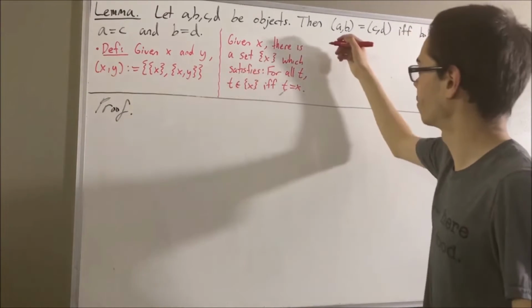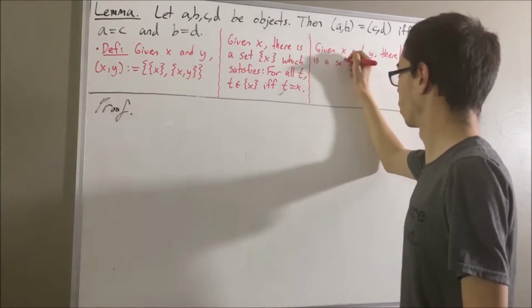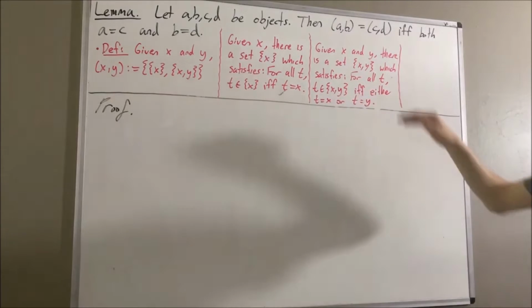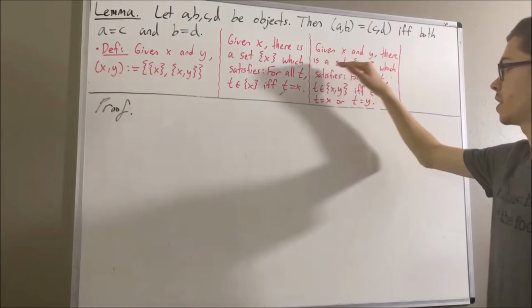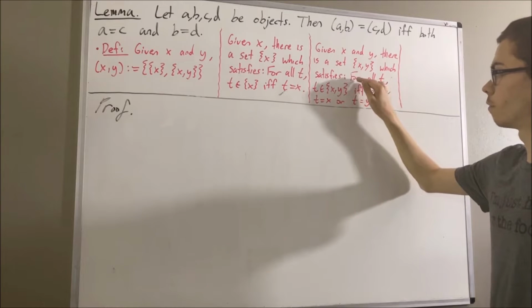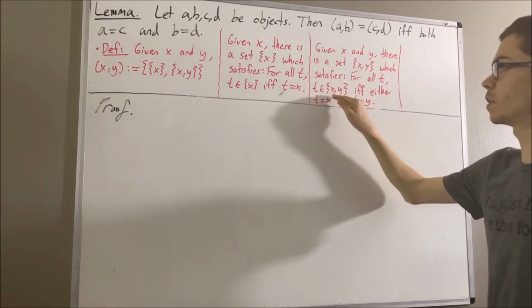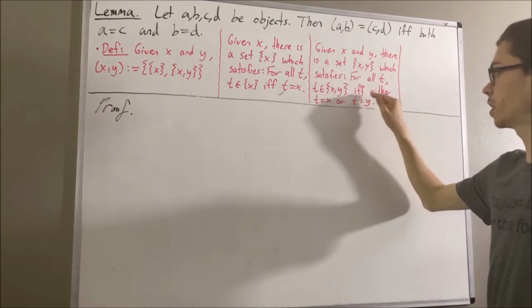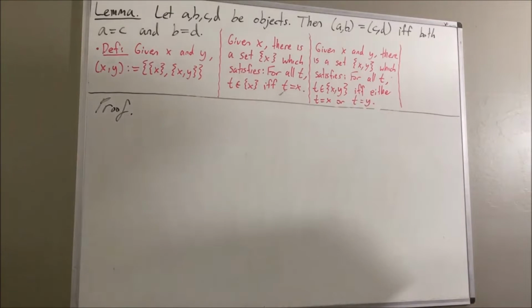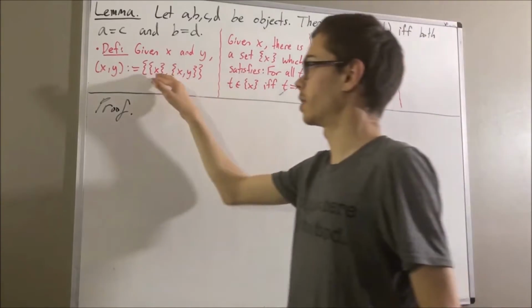Well, here's what we mean. Given two objects X and Y, there is a set called the pair set of X and Y, which satisfies the following statement. For all objects T, T is an element of the pair set of X and Y, if and only if either T is equal to X or T is equal to Y. Right, so that's really what these two sets mean.